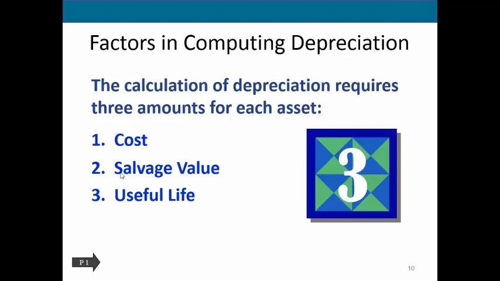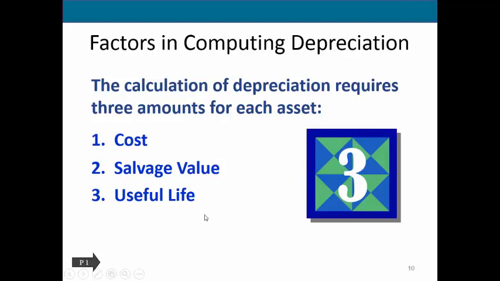Or maybe you sell it to someone else who still can use this machinery in whatever their process is. So the value that you can get from selling something that's no longer useful to you is your salvage value. This is important because it helps to offset part of that original cost, and we'll look at that when we get into our actual calculations.